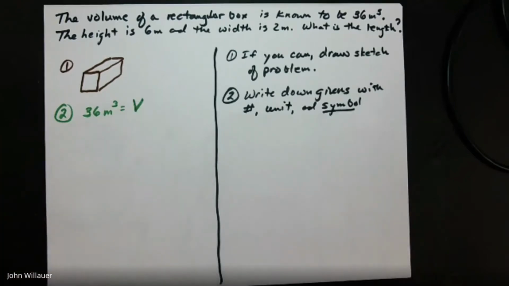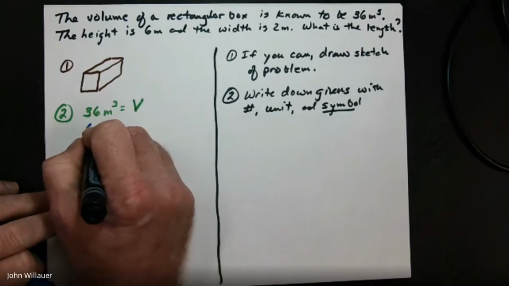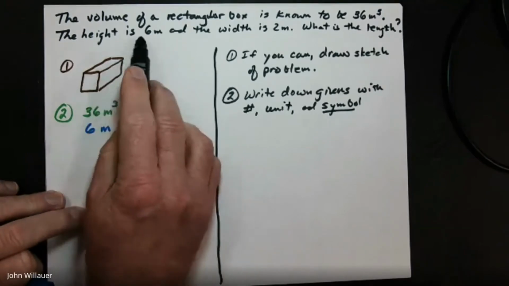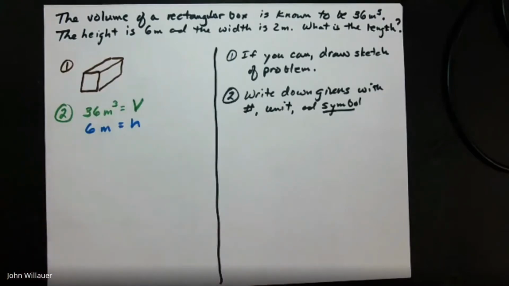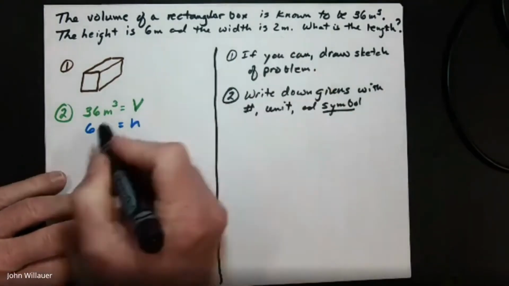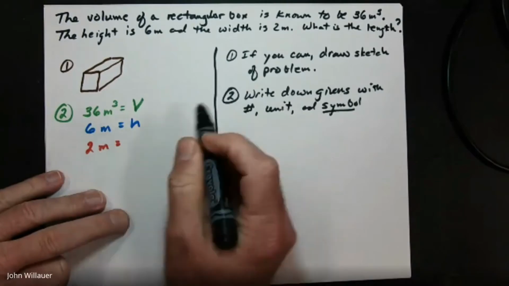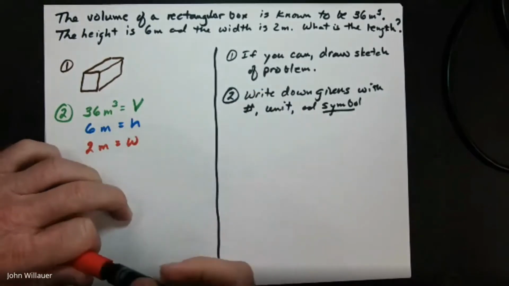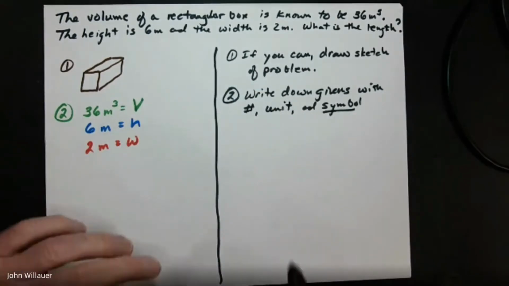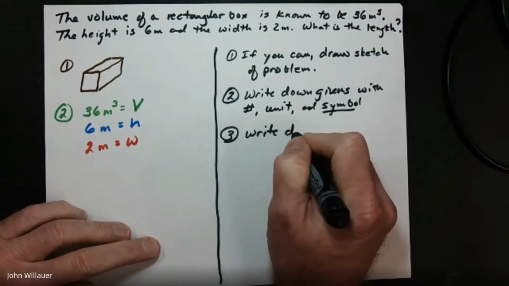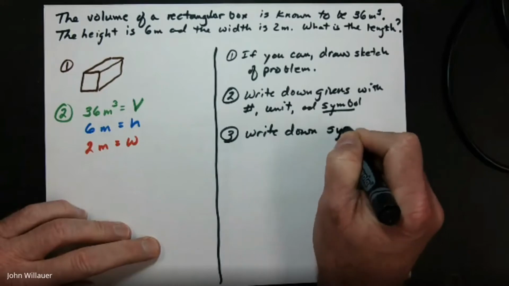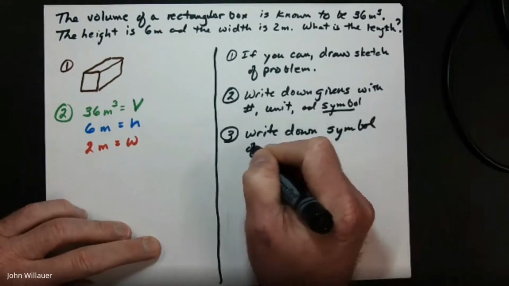What else are we given here? We're given 6 meters up here, and that's the height, so we'll say H for that. And the last one that we're given here is 2 meters, and that is the width. So far, so good. So now the next thing we do, write down the symbol of your unknown.